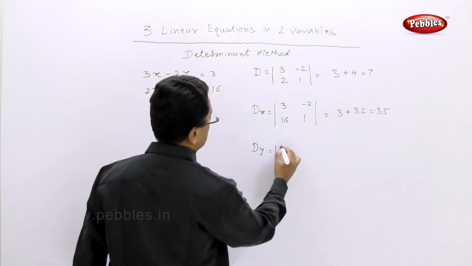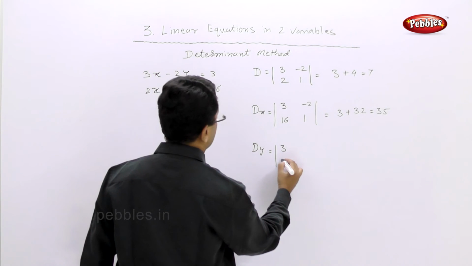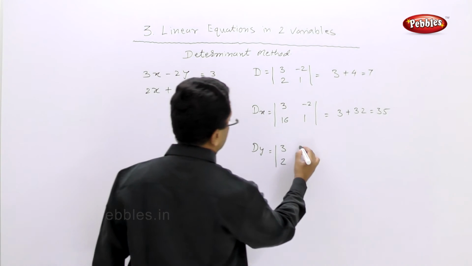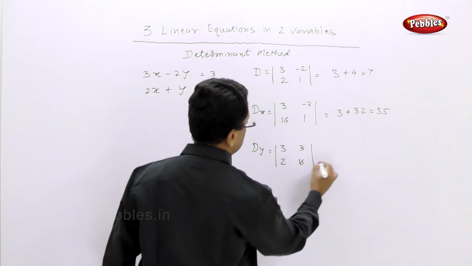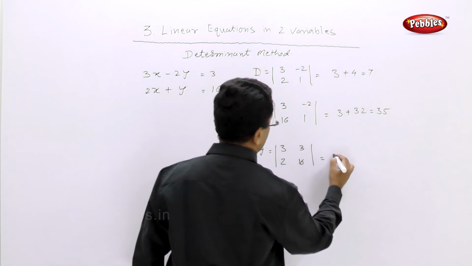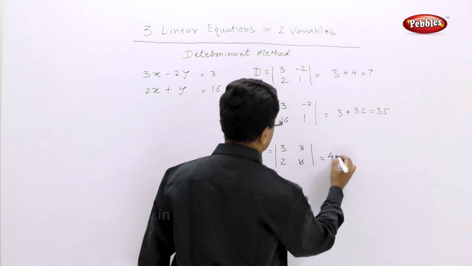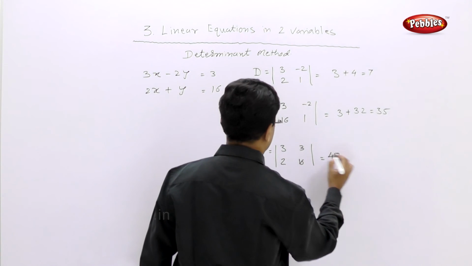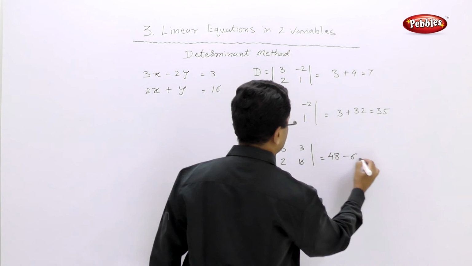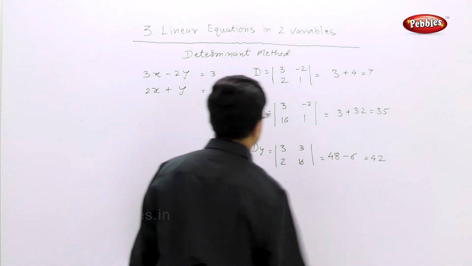And Dy equal to 3, 2 and 3, 16. So here it is 16 into 3 minus 6 is 42.